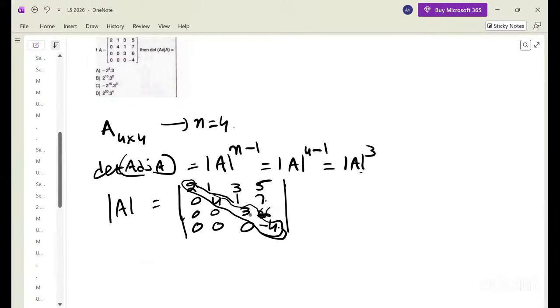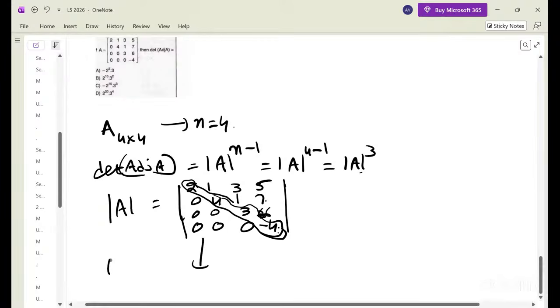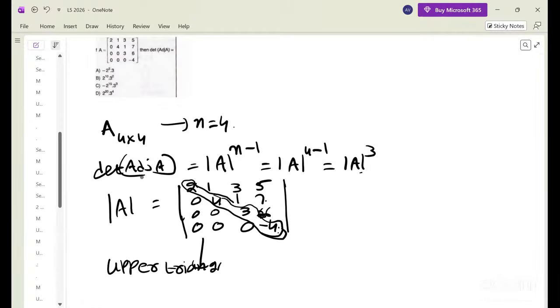This is called the principal diagonal. Below the principal diagonal, everything is zero. Such a matrix is called upper triangular. Suppose above the principal diagonal is zero, then it is called lower triangular. And if above and below are zero, then it is called diagonal.